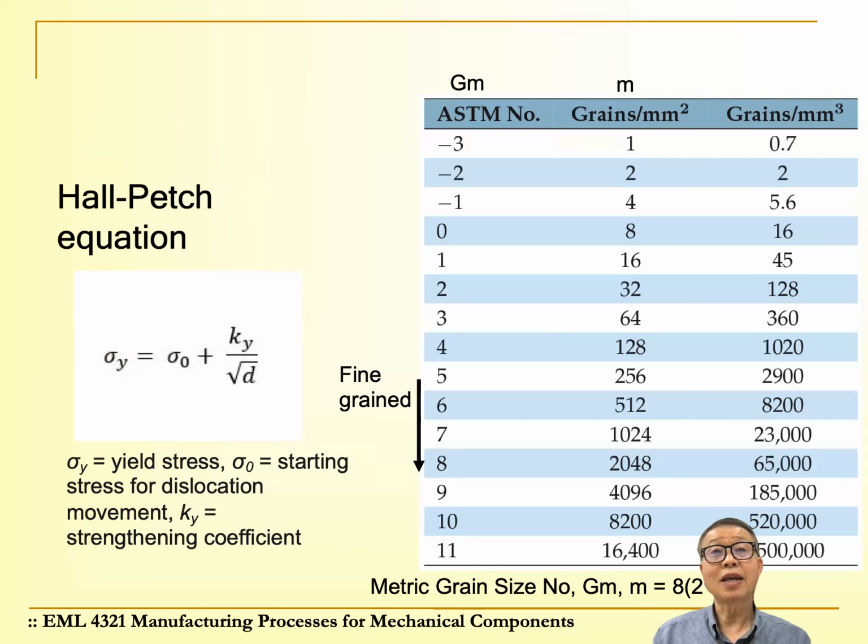So there is an empirical equation that describes the strength versus the size of grains. So we can expect higher strength when we have smaller grains, right?